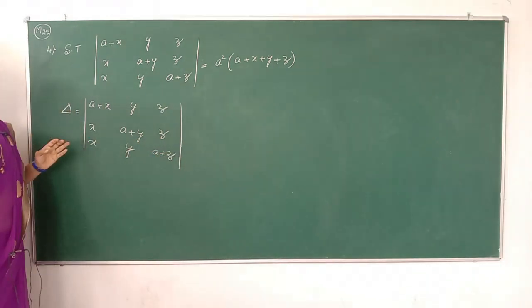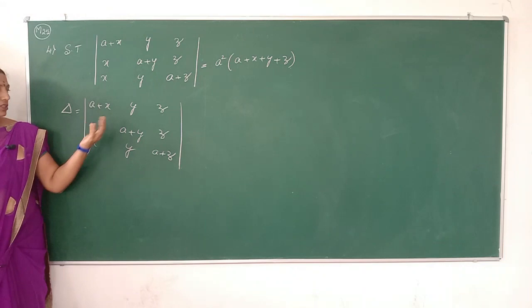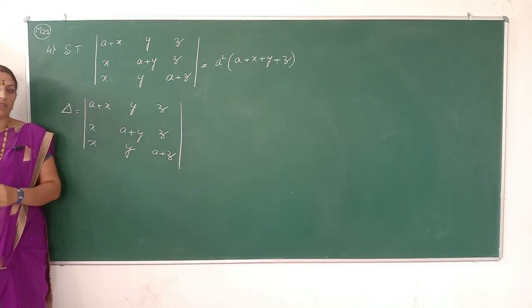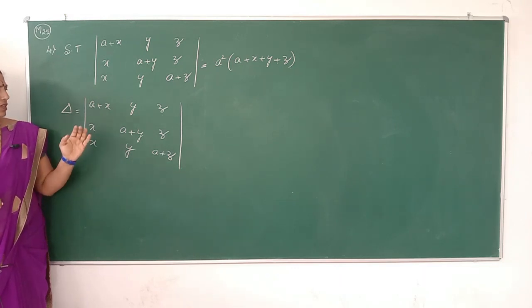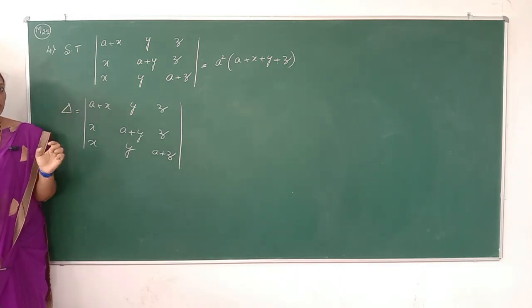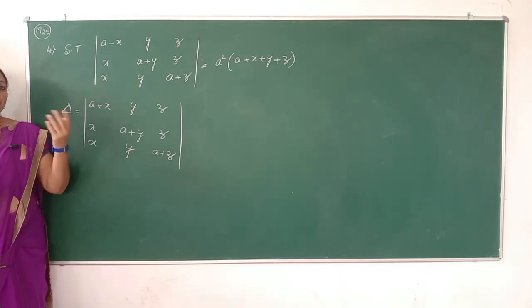Now, comparing with the previous problem, the elements are not in the form of 1, 1, 1. In the last problem, in any one of the rows or columns, if all the elements are 1, 1, 1, it's possible to easily get 0.